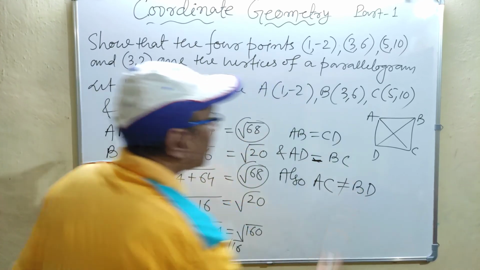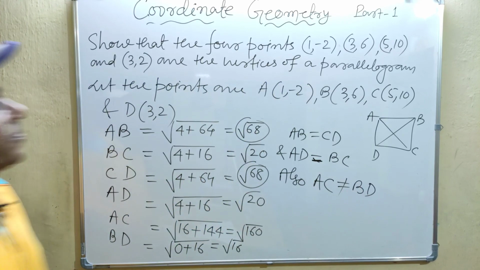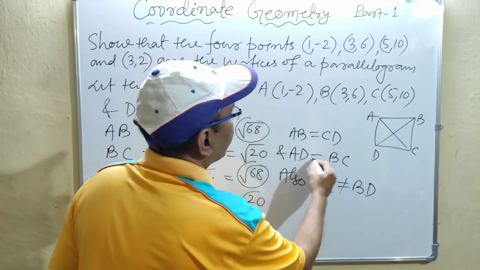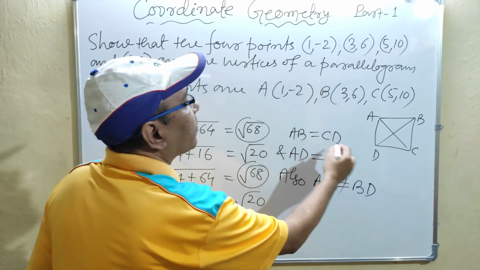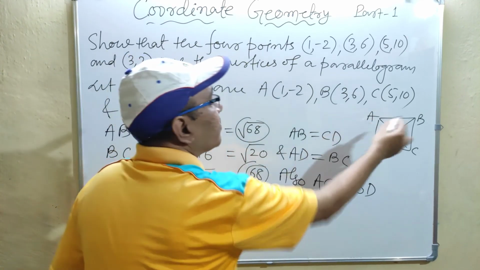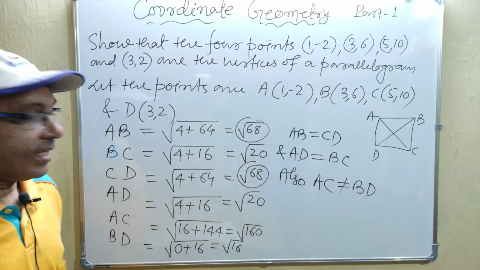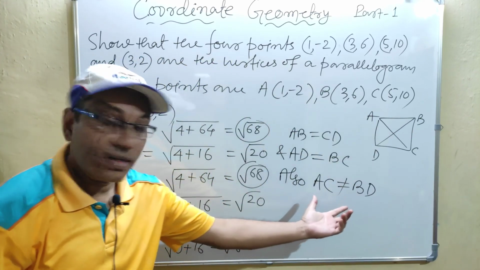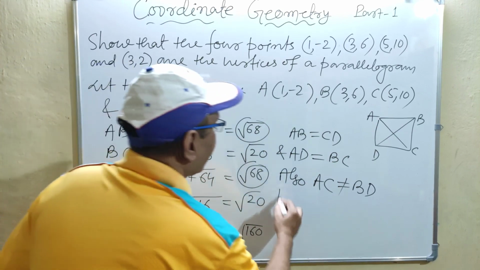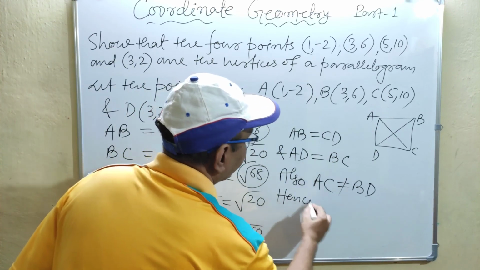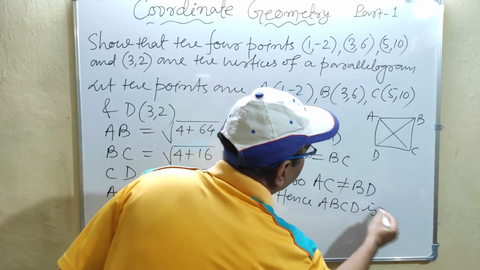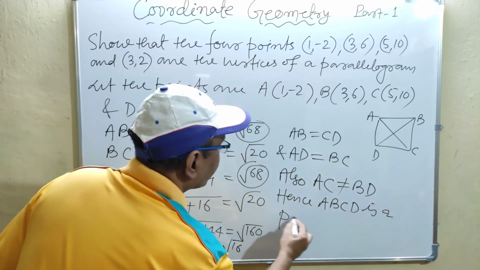So what we are getting: AB equal to DC or CD, and AD equal to BC, means opposite sides are equal and diagonals are not equal, and hence ABCD is a parallelogram.